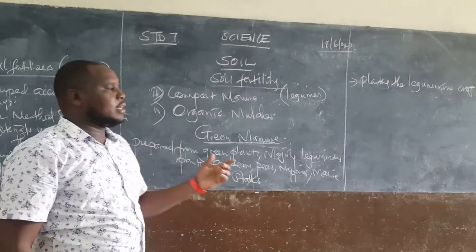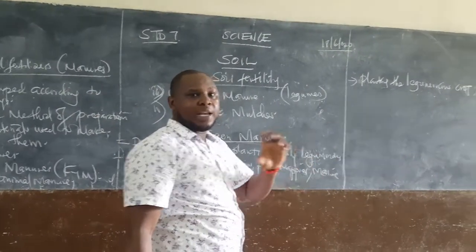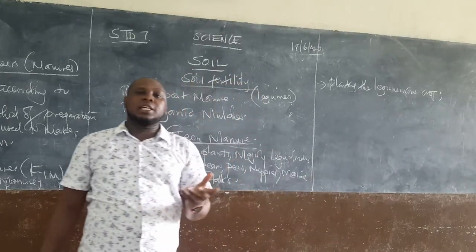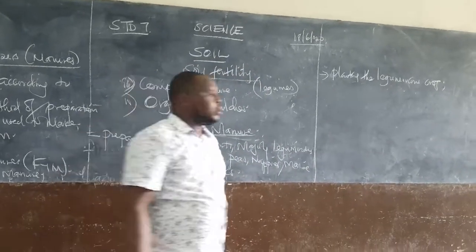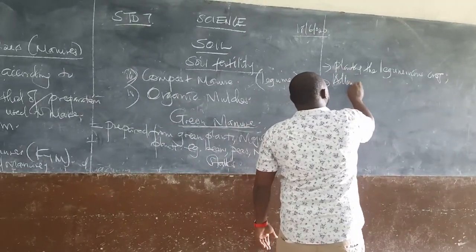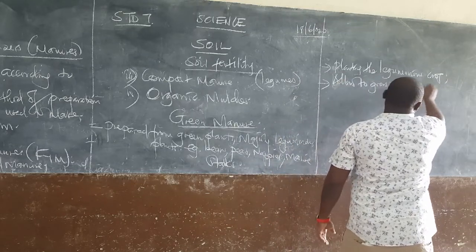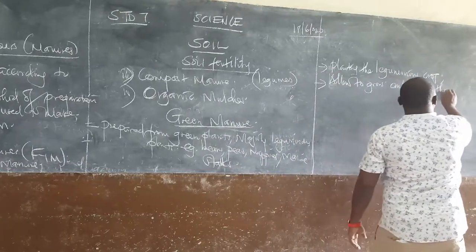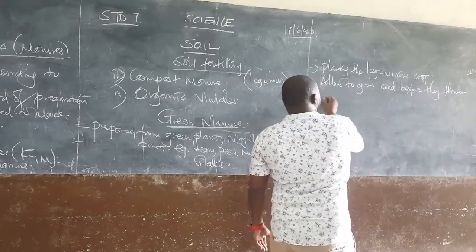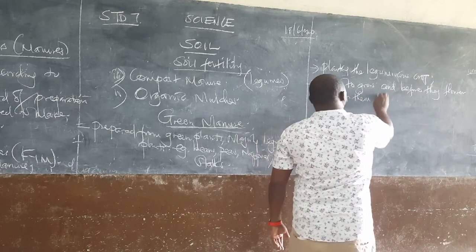Let's identify a certain leguminous crop, like beans. So you plant your beans on a farm. After planting, you allow them to grow, and before they flower, you plow them back into the soil.